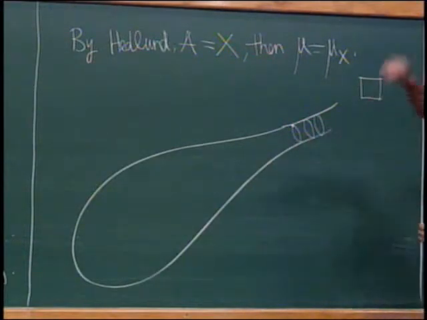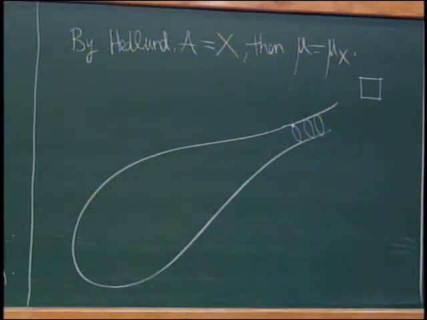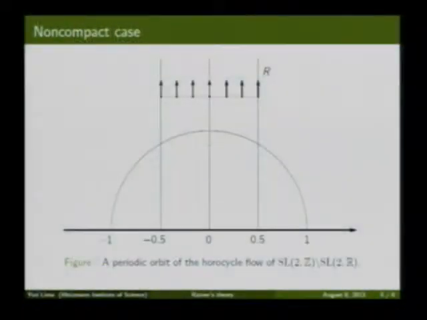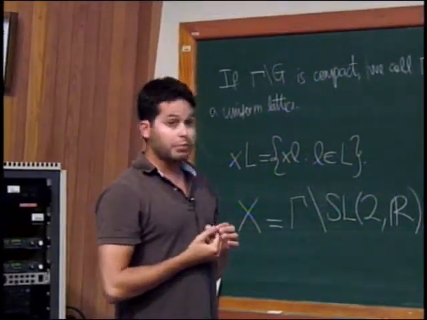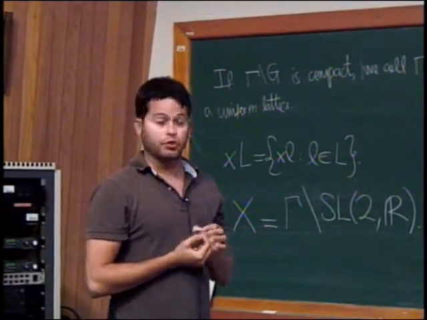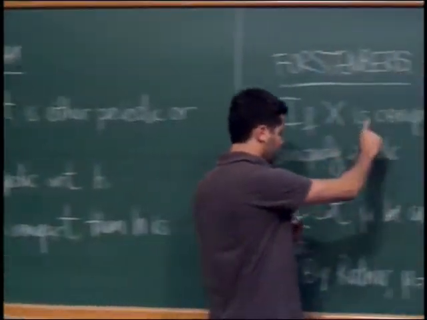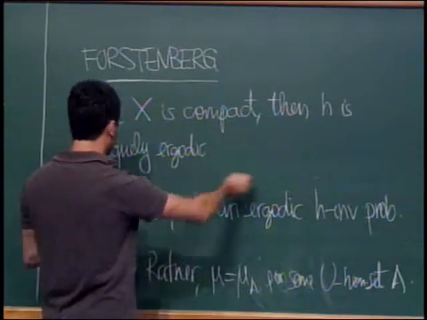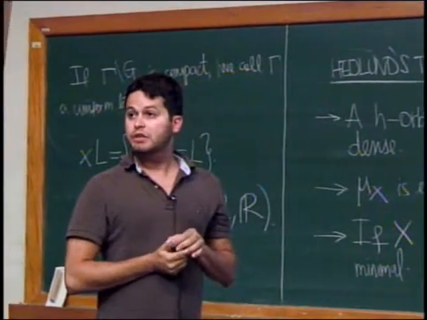Actually, for any horizontal segment sufficiently high up, you can observe that this gives you a closed orbit of the horocycle flow. So for sure you have no unique ergodicity, because if you have closed orbits, then you have measures supported on these closed orbits.